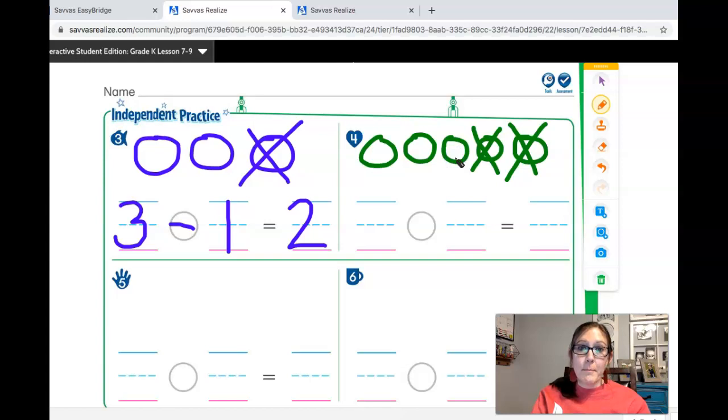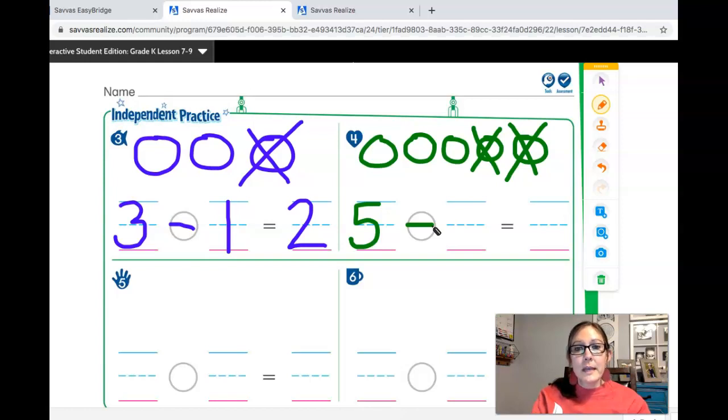Let's write the equation that matches that picture. 5. Remember, the 5 stands for all of the turtles. The whole amount. 1, 2, 3, 4, 5. Write the minus sign because this is a takeaway story.